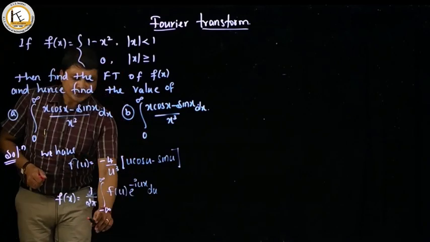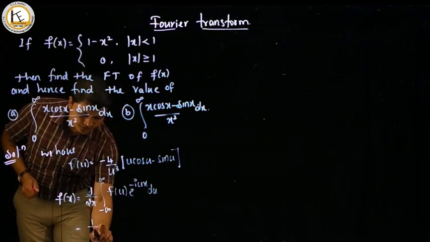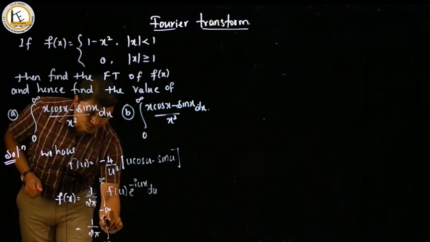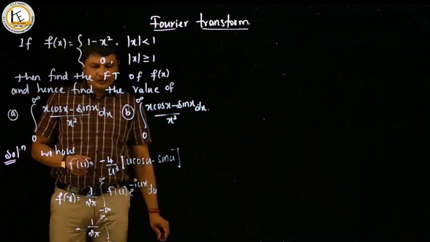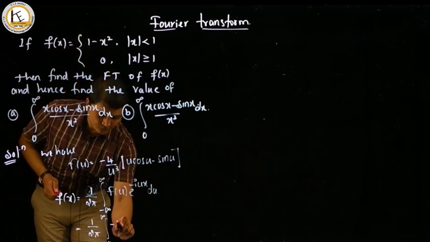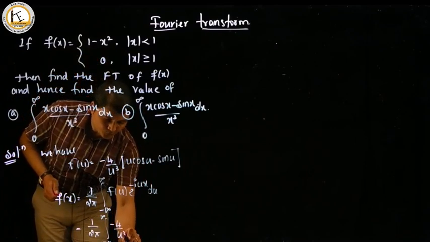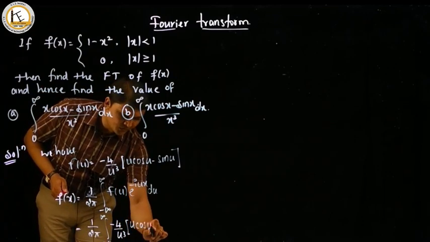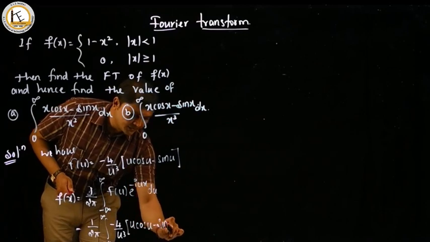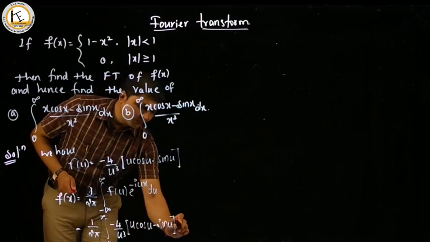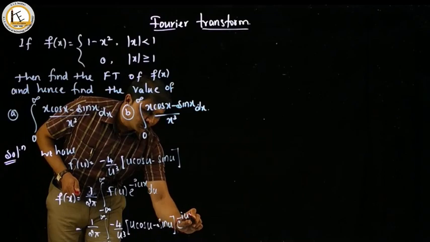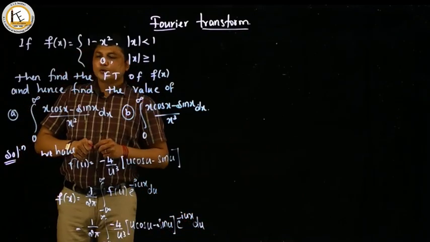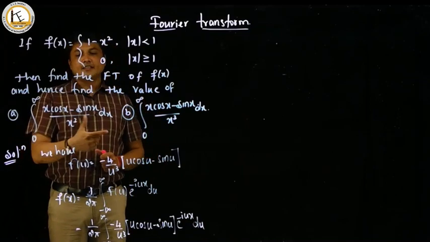So now substituting F of u in this formula, that is 1 upon 2 pi integral minus infinity to plus infinity, F of u is nothing but minus 4 divided by u cube into u cos u minus sin u into e raised to minus iux with respect to u.